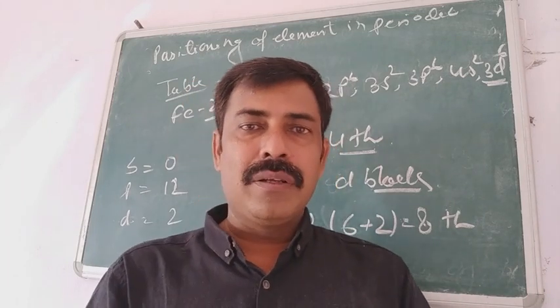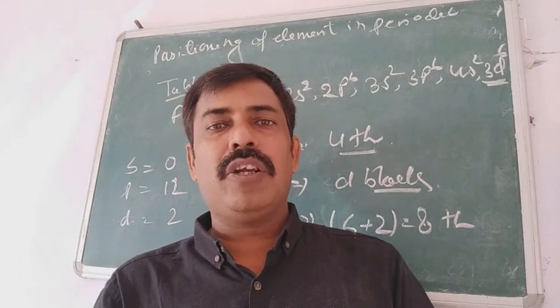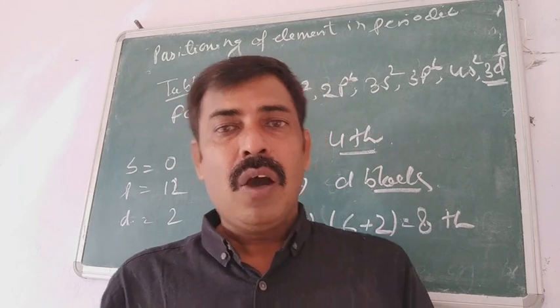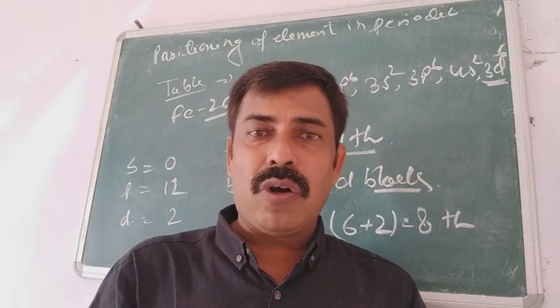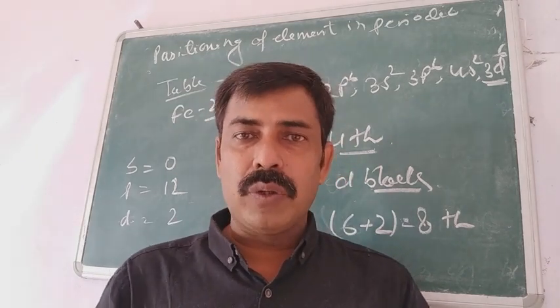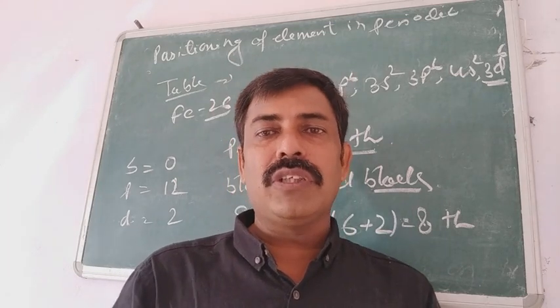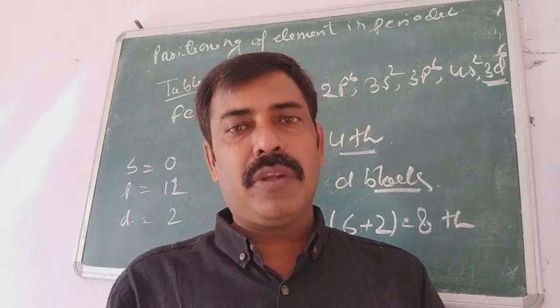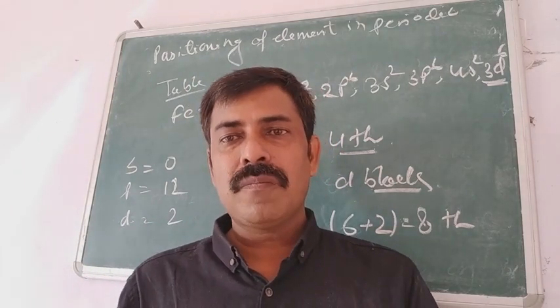Hydrogen has the duplet having only one electron in it, so it can lose one electron to show the property of alkali metals, or it can gain one electron to complete its octet to show the property of halogens. And this is the reason why hydrogen is placed outside the periodic table, as you can see.